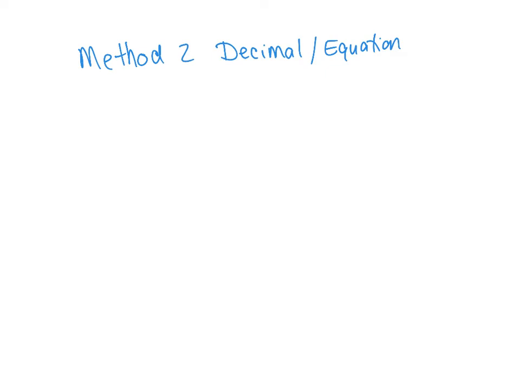So the proportion method is method 1. The other method we have is the decimal method. With the decimal method, we're not setting up fractions. It's also called the equation method because we are going to write equations for it. And when we're doing this, we know that is means equals, and of means multiply.